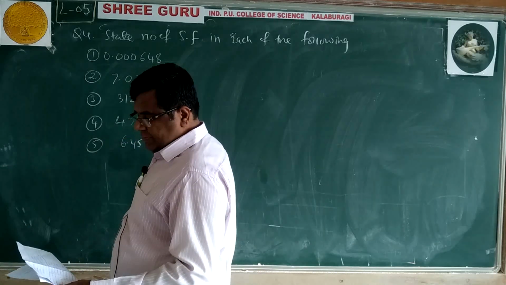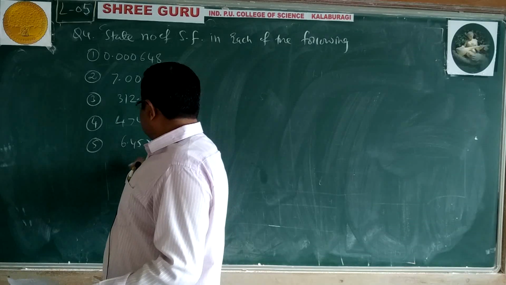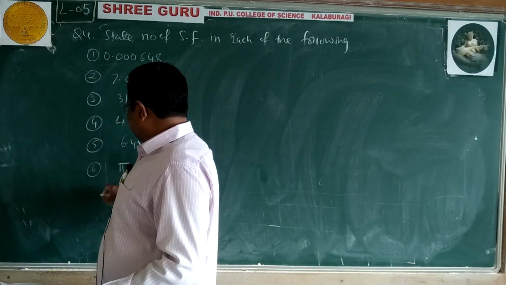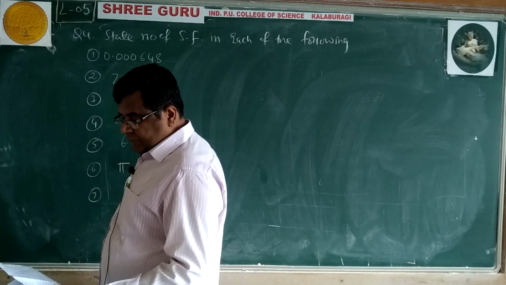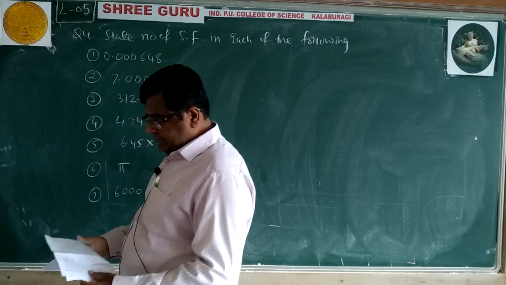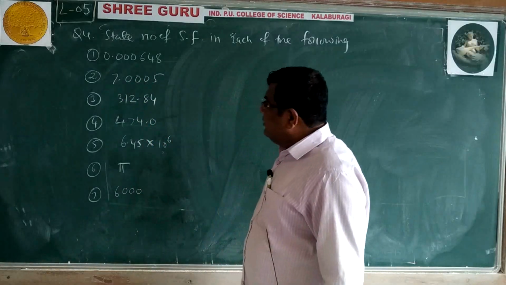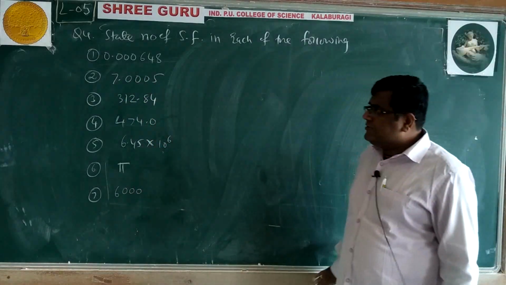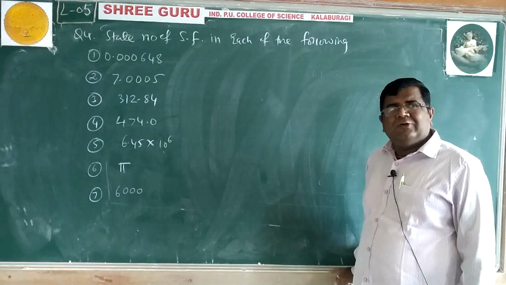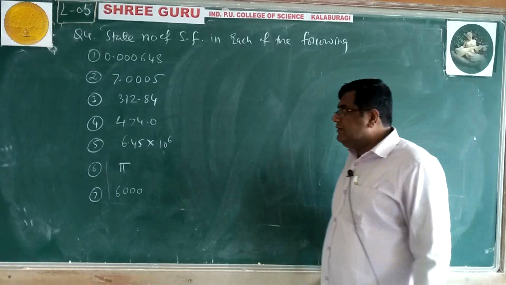Then 6.45 into 10 raised to 6. Next is just pi, a constant, and then 6,000. So you just pause this video, read the rule, and try to give the answers here.